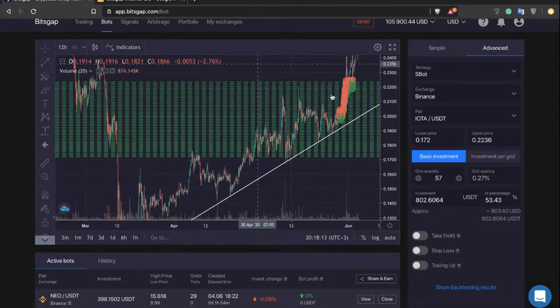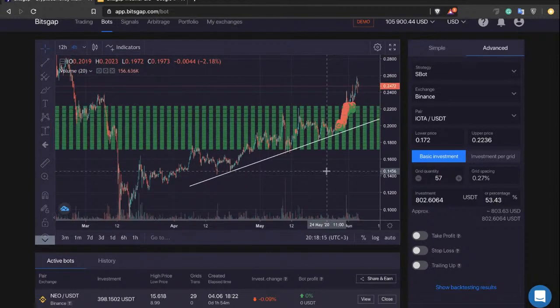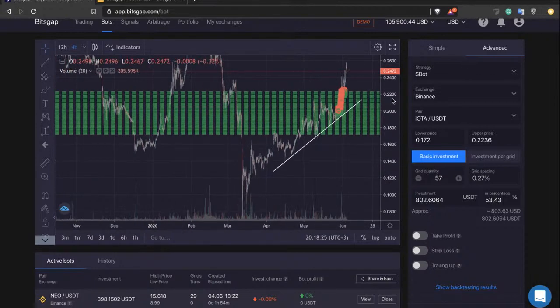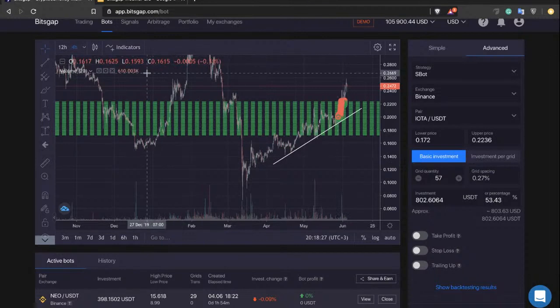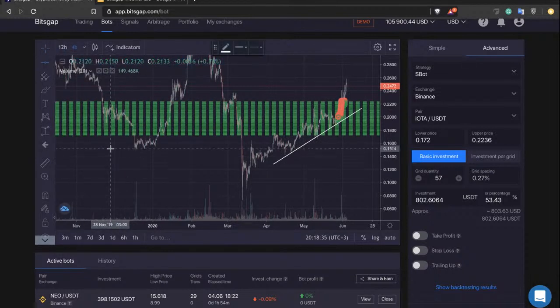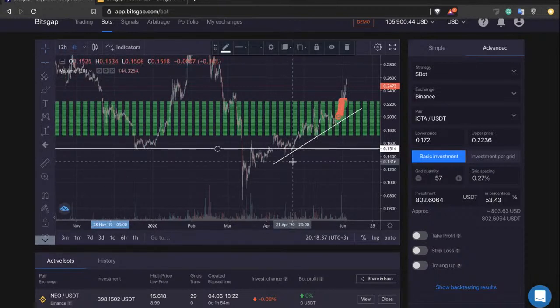Basically, I'm using key levels to find proper entry and exit points for my trading. You might be using some indicators like RSI, maybe MACD, moving averages. There are many techniques when it comes to technical analysis.